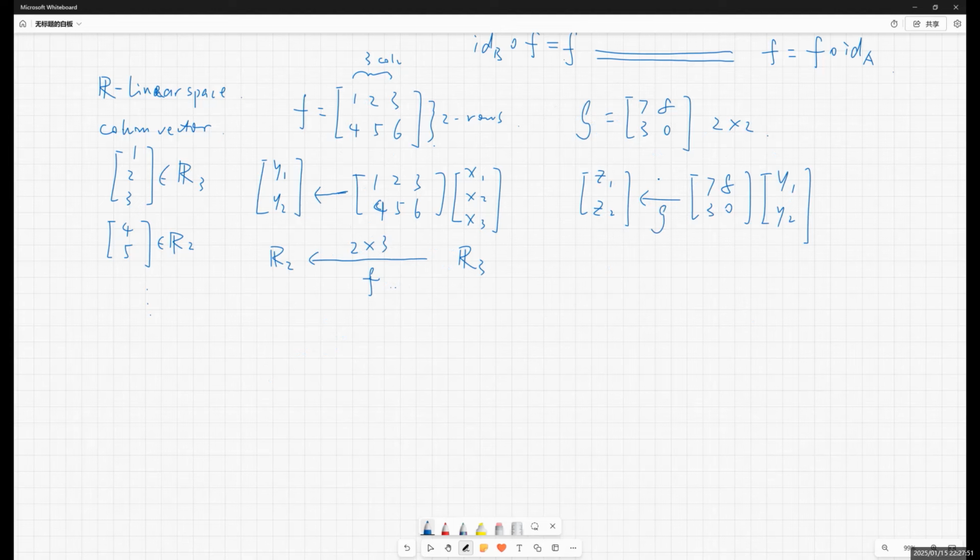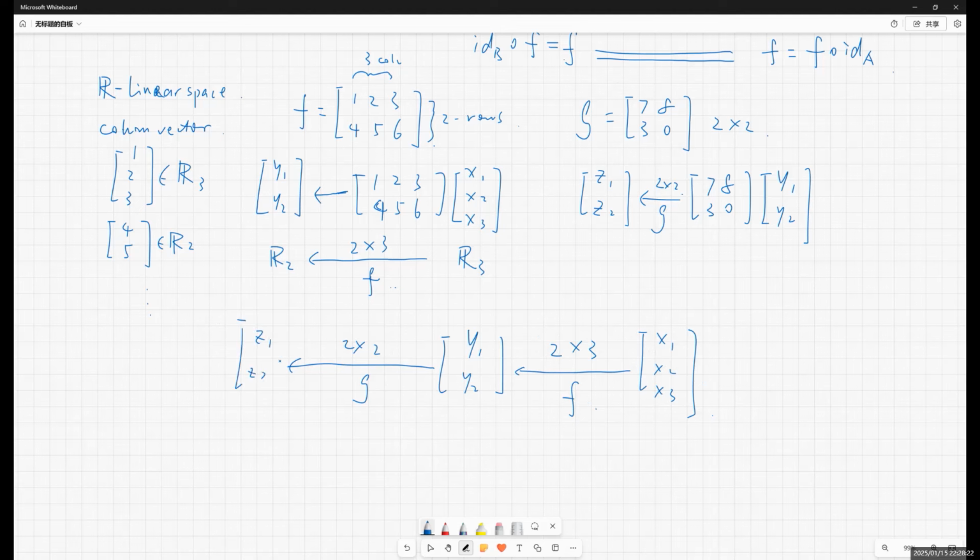This is G, 2 times 2. Can they be composed? They can, because G is here, 2 times 2, and y is here, y1, y2, and 2 times 3, x1, x2, x3, it's F, z1, z2.